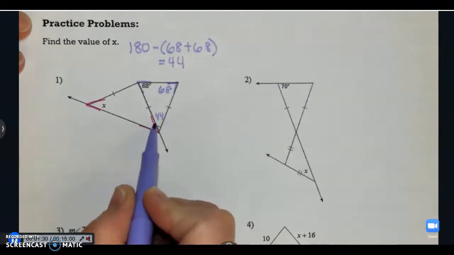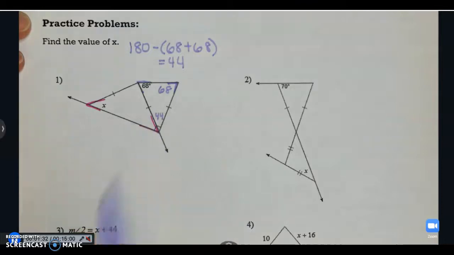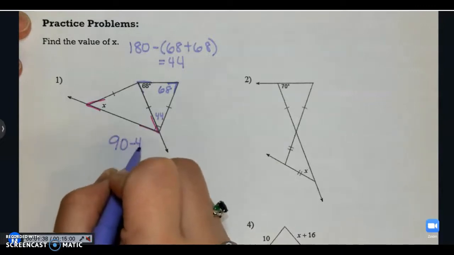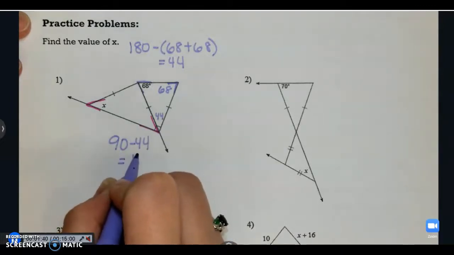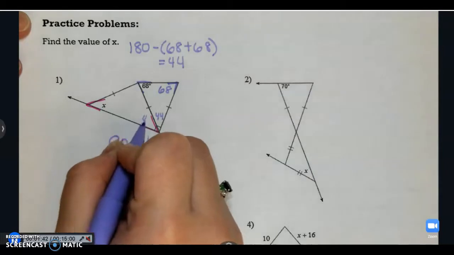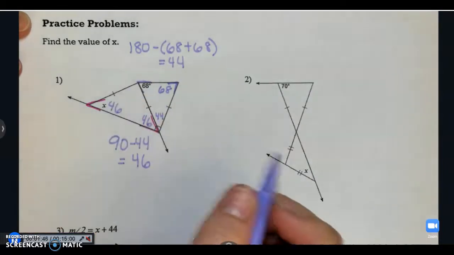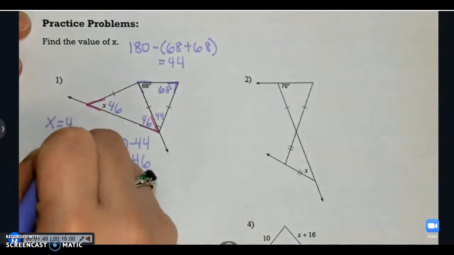Now, this tick mark here tells me that the two angles together form a right angle, meaning they add to 90 degrees. So to find that pink angle, I'm going to subtract 44 from 90, and that gives me 46. So this angle is 46, and because this angle is congruent, it's also going to be 46. So x is 46.